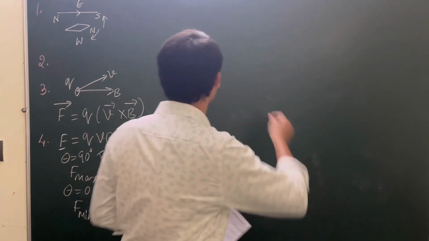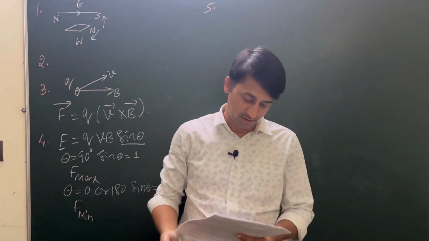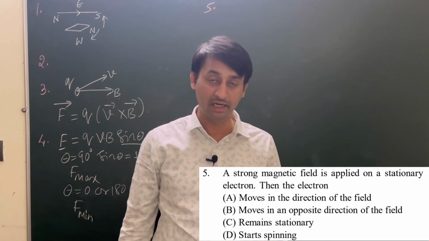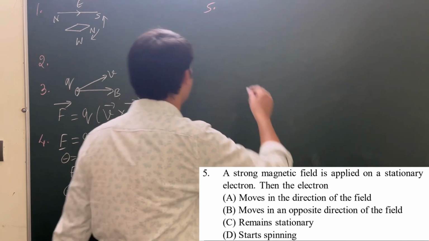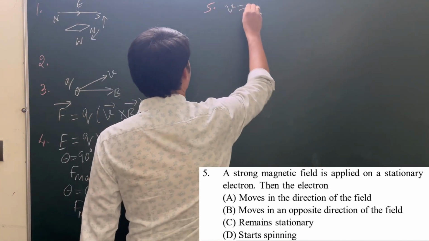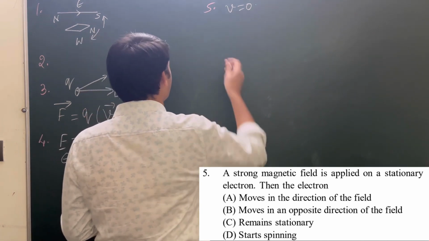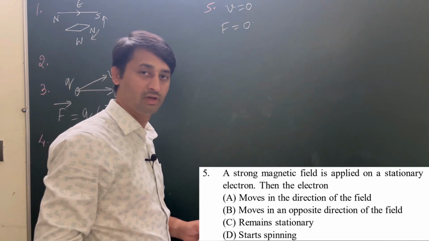Next, fifth question. A strong magnetic field is applied on a stationary electron. Then the electron, now the electron is stationary, so the velocity of the electron is equal to 0. When velocity is equal to 0, then the force acting on the electron will also be equal to 0.